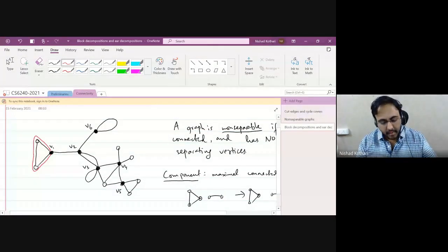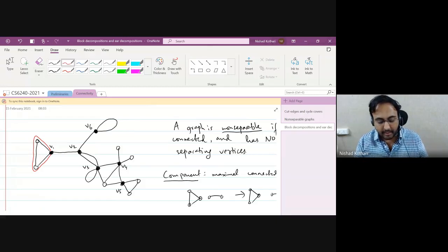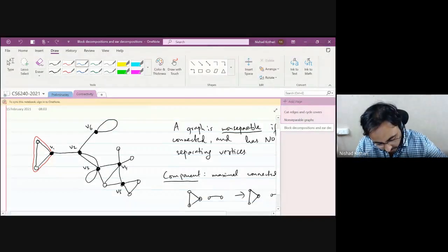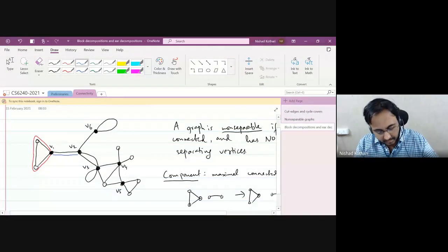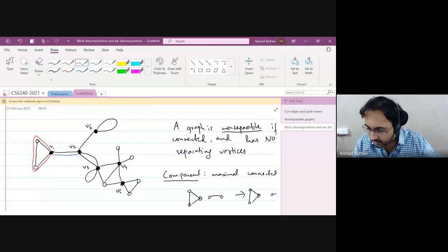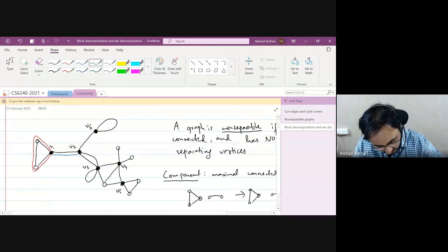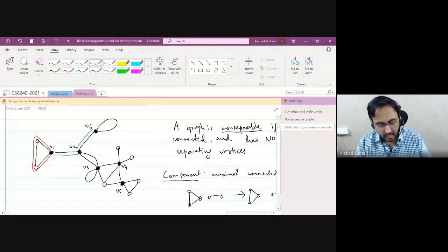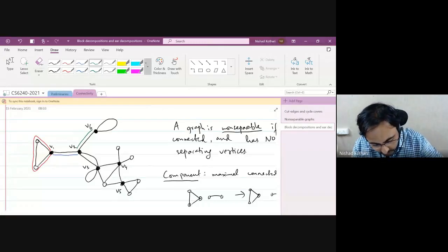Notice that you cannot add anything else to this block, because otherwise it will either be disconnected or it will be connected and have a separating vertex in the subgraph. This is another block here. Let's label these, maybe. Here is another block, and then let's put some more colors.